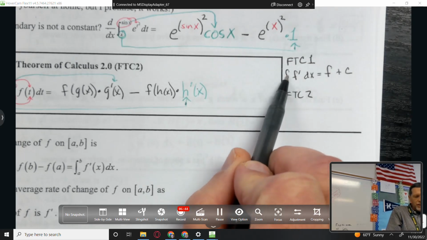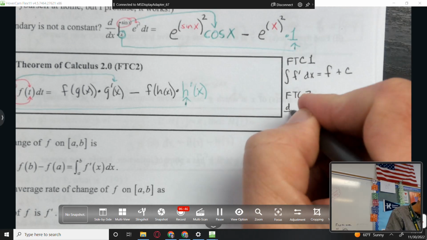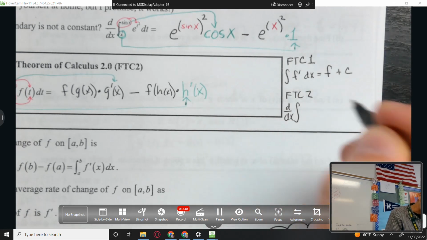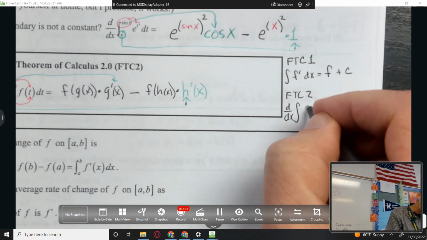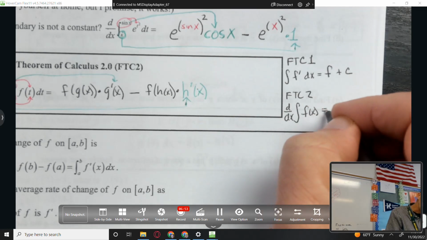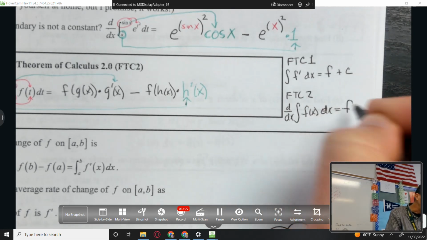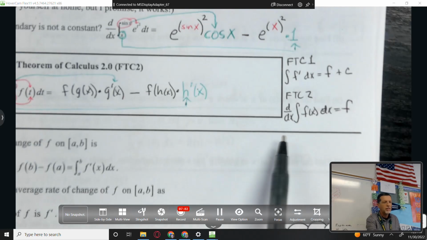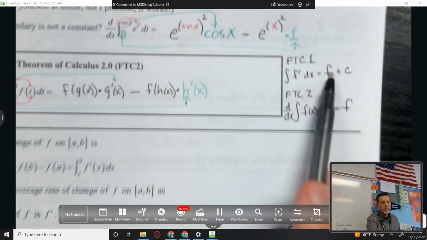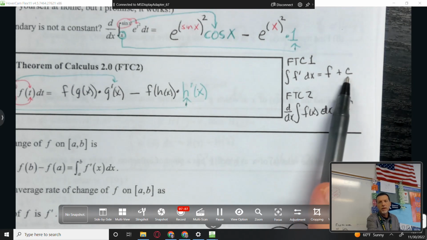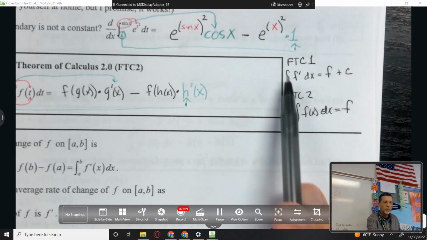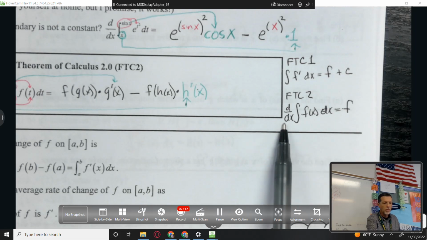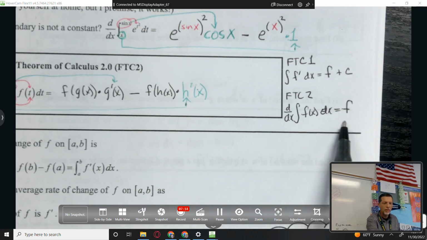Instead of the antiderivative of the derivative, it's the derivative of the antiderivative of f of x equals f. But chain rule, so you've got to be careful. Each of them has a little twist to it. The antiderivative of the derivative gets you back to the original, either with the plus c or with the limits. The derivative of the integral gets you back to the original, but don't forget the chain rule.